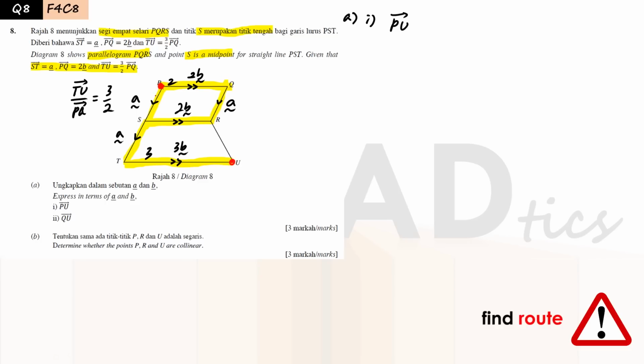So what we can do is we pass through P to S and to T. Okay, so our route here can be P to T, and then from T go to U. Alright, so the vector PT would be A plus A, so it's 2A, and TU is 3B. So this will be our vector for PU.